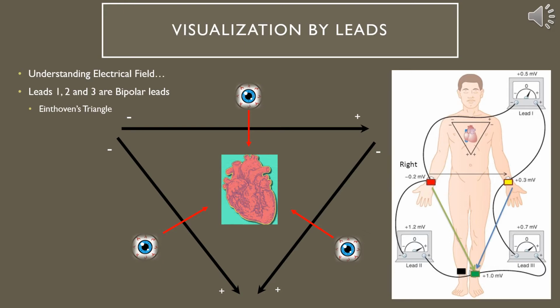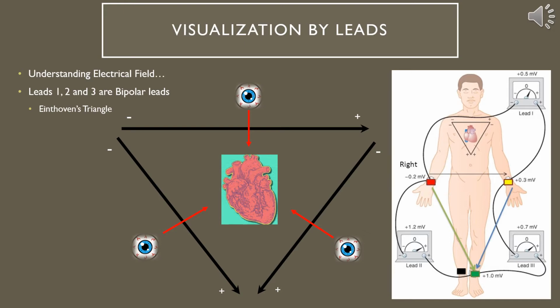The, I think, easiest way to evaluate where the leads are and what they mean as far as where you're visualizing electrical activity in the heart is by this seeing eye picture. So I have 3 eyeballs up here.